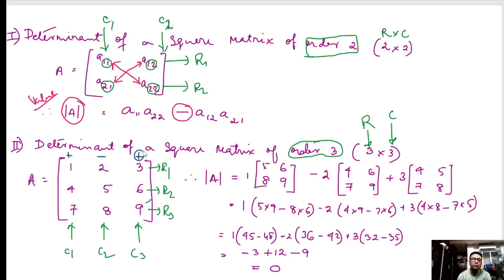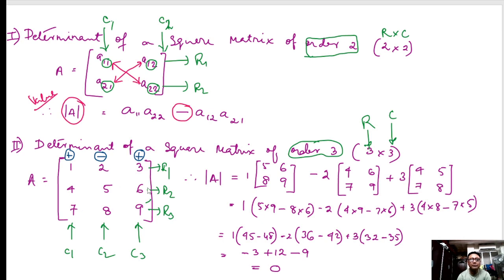Please note, you have to put these signs in these positions. So now when I will be choosing 1, then the rule is you cannot choose the row of 1 and the column of 1.